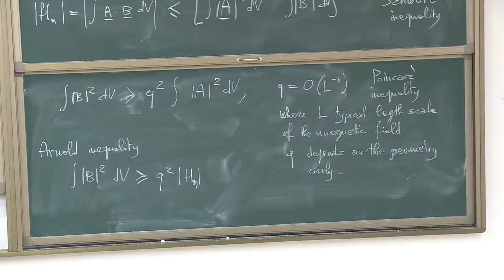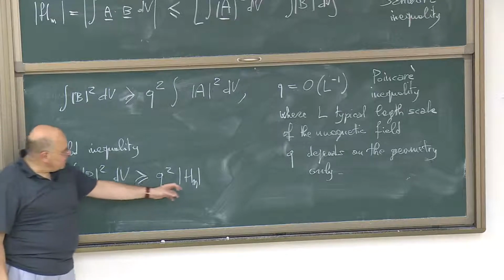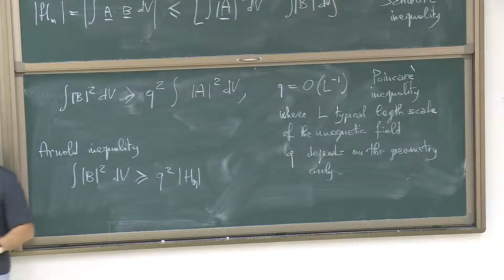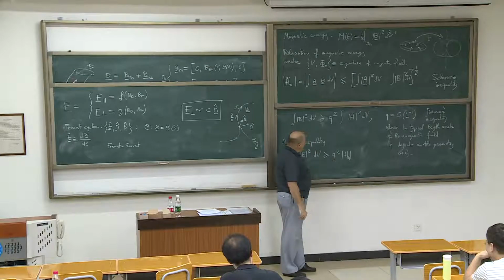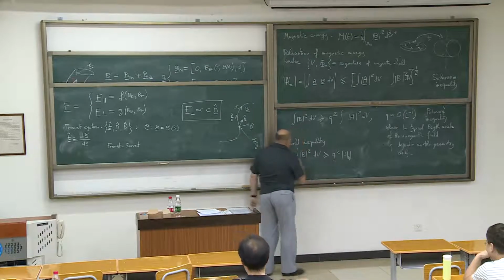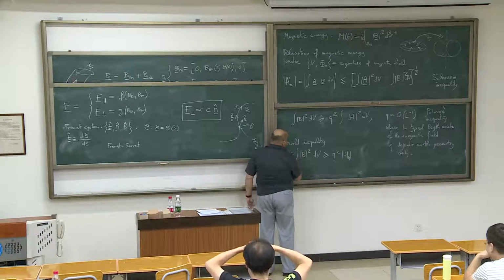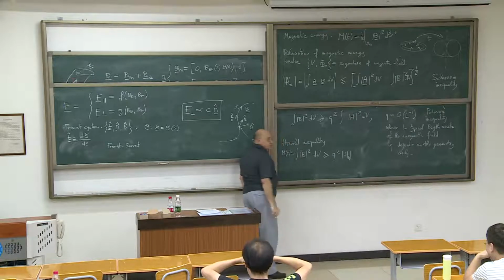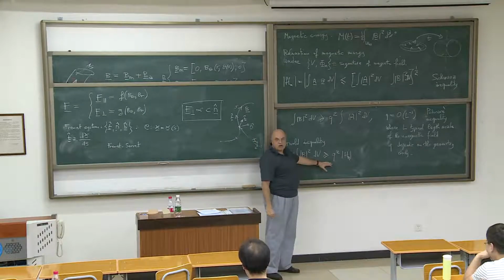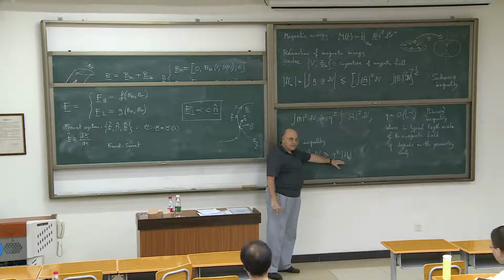So it means that if helicity is different from 0 for systems that have complexity in space, then the energy, if you put a half here, this is energy, is anyway bounded from below by the amount of helicity you have.